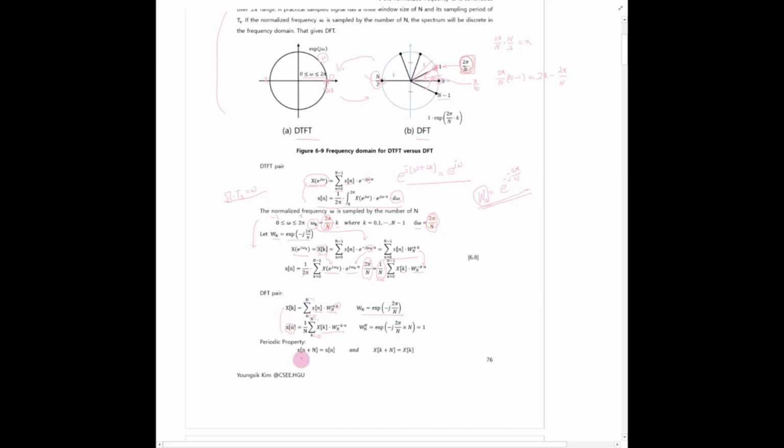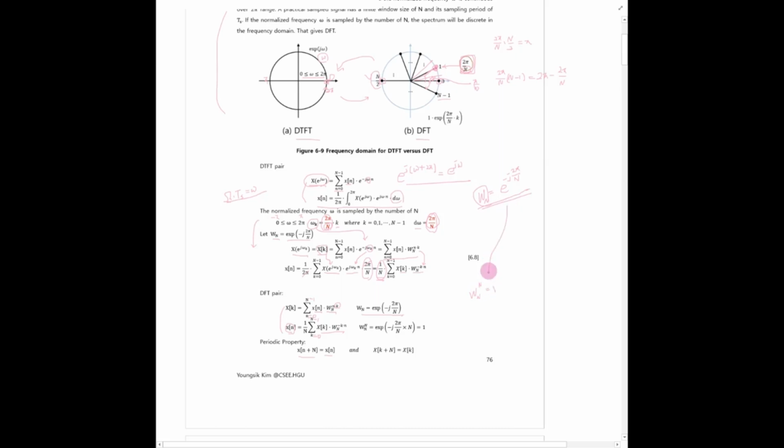Now compare here that x[n plus N] should be equal to that one, because if we replace n with n plus N, you can see that W_N to the power N will be 1.